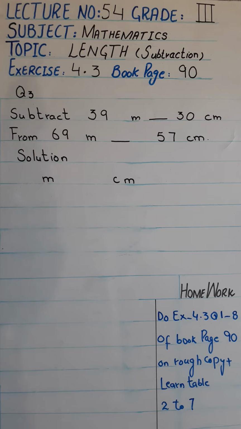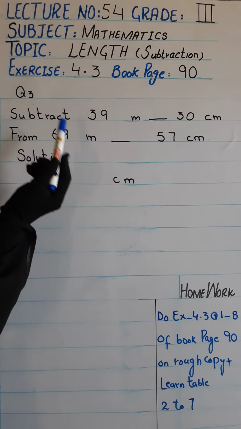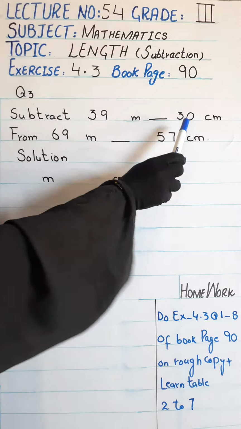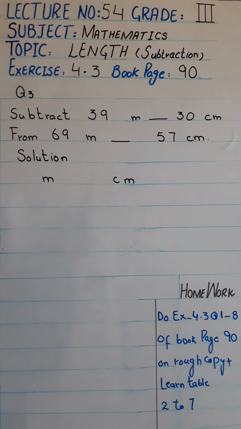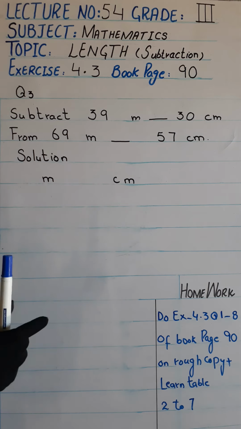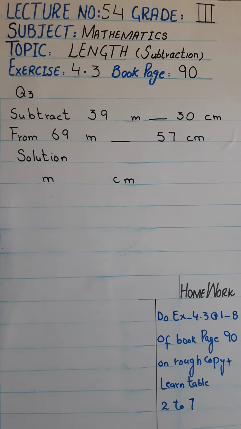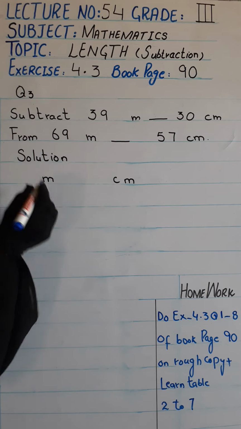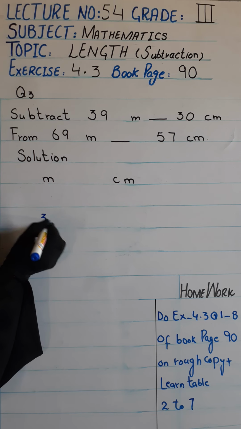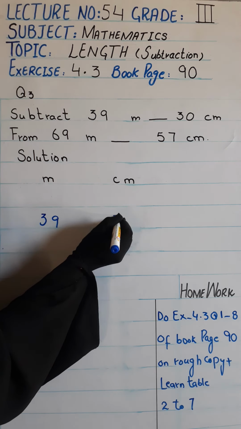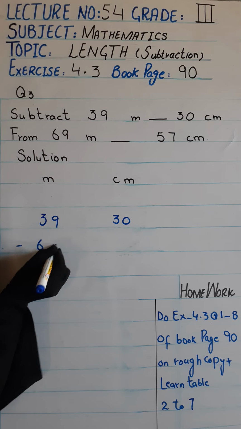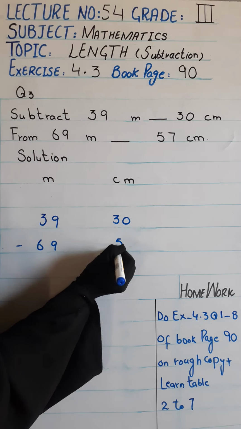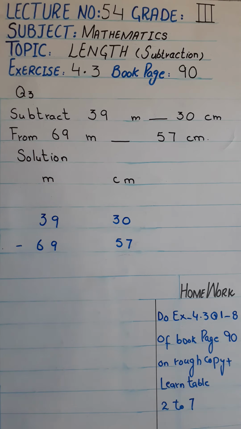Again, the question is given in horizontal order and you arrange it vertically. Most of the students write it like this: 39 meter 30 centimeter minus 69 meter 57 centimeter, which is totally wrong.